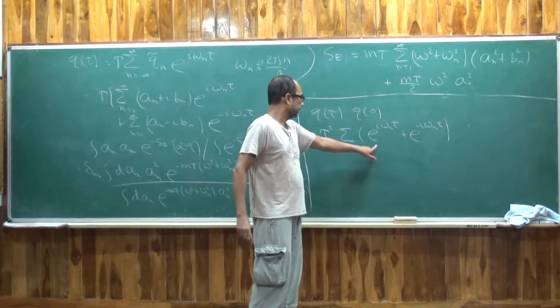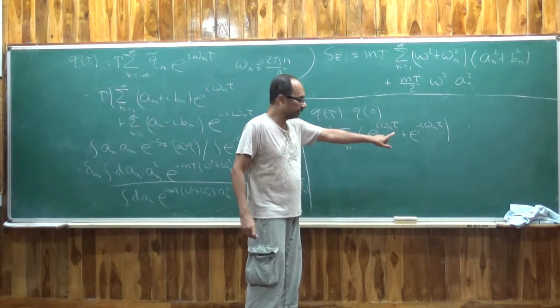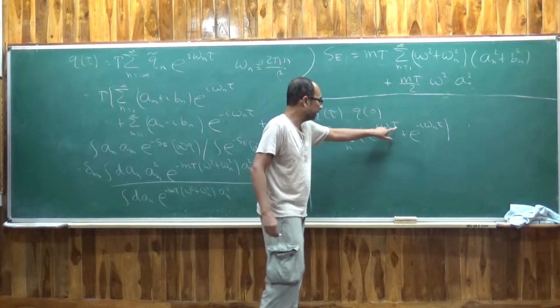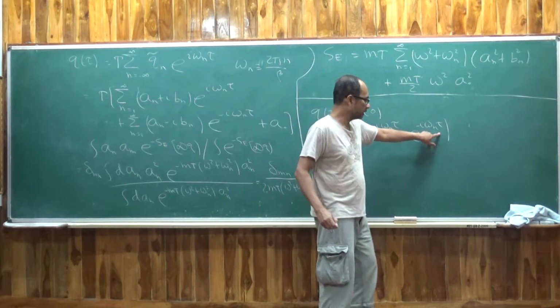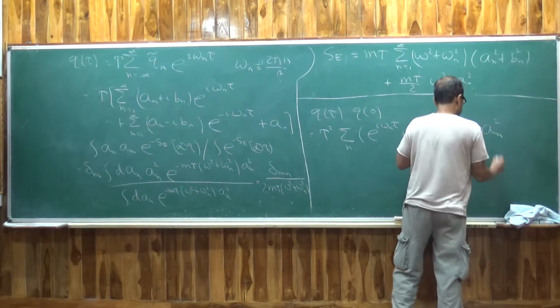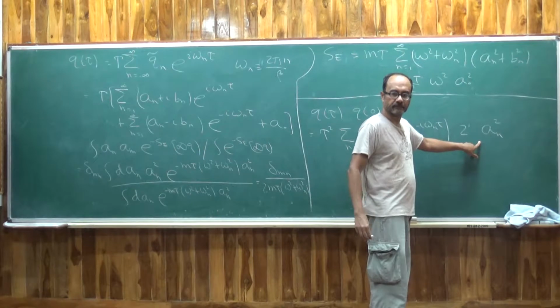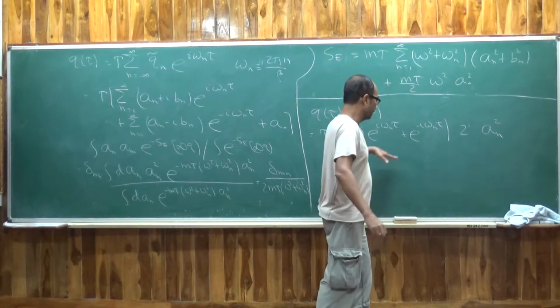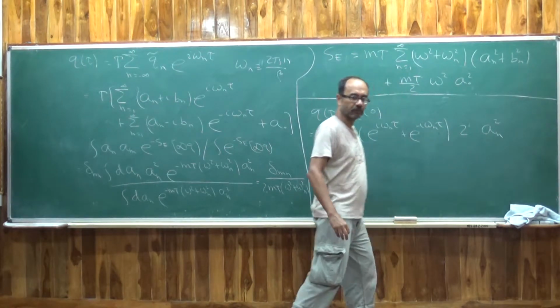And then there is a coefficient for q0, which is just the same thing with tau equal to 0. So that's 2 an square. Is that clear? So in the q tau q0, this is the relevant term that is going to contribute.